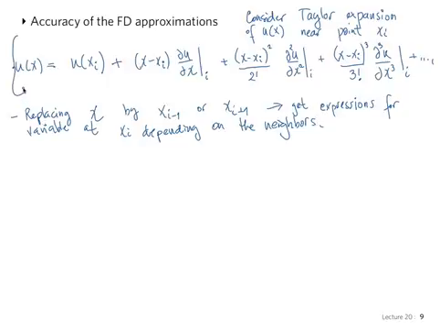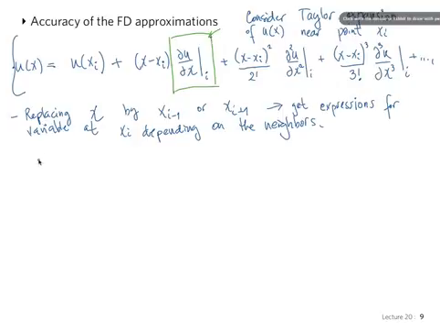So for example, if I consider x_{i+1}, I'm going to rearrange, because what we want to do is find an expression for the derivative, right? And here is my derivative. So what I'm going to do is take this to the other side, divide by delta x, and just isolate this term, because this is what we want to approximate.